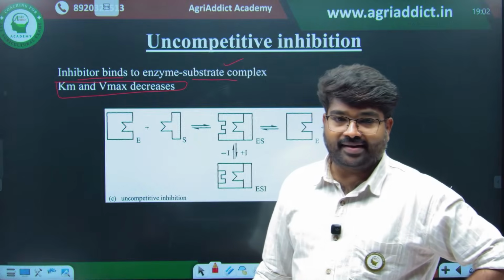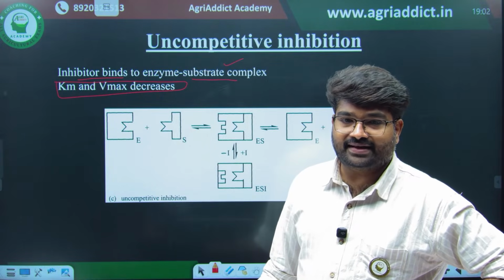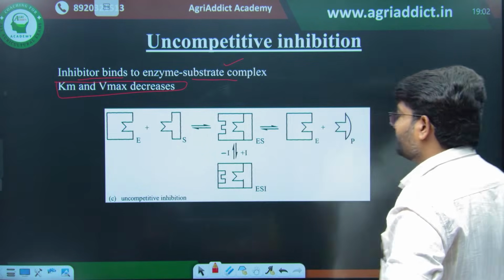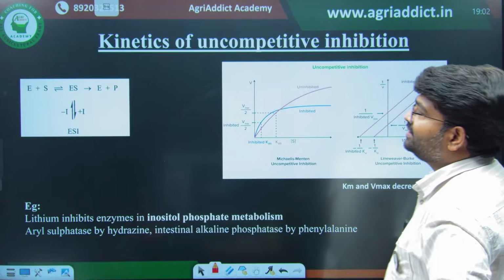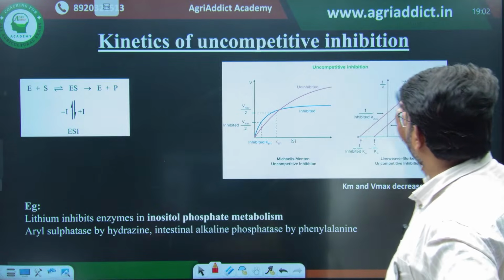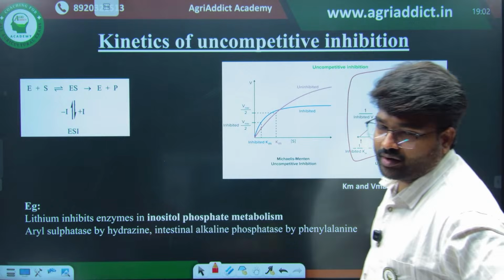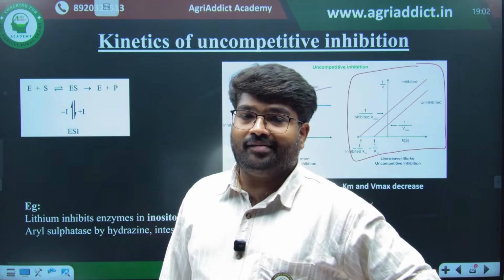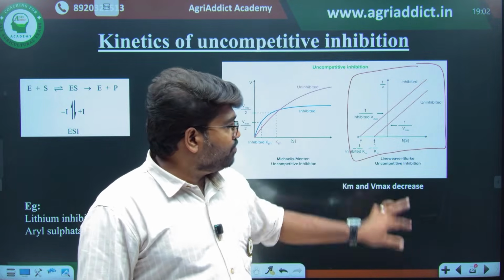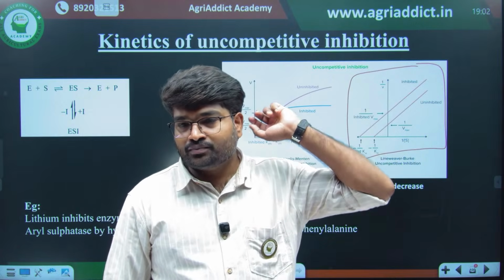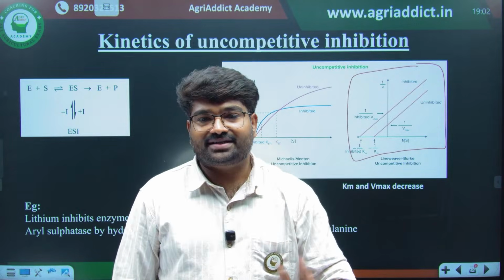Then, you have to remember the Lineweaver-Burk plot. In uncompetitive inhibition, parallel lines will be there because both Km and Vmax are changing here.